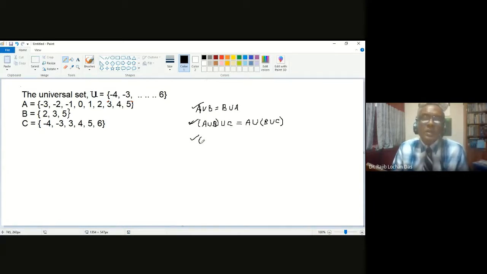And if I write A union B in bracket, and this is intersection C, in that case you can write A intersection C, and union in the middle, then B intersection C. So this will be another rule.